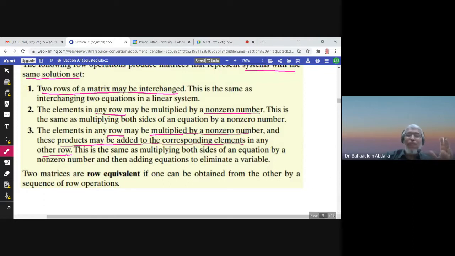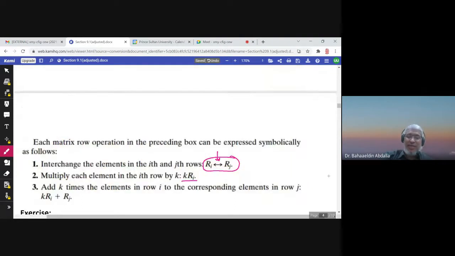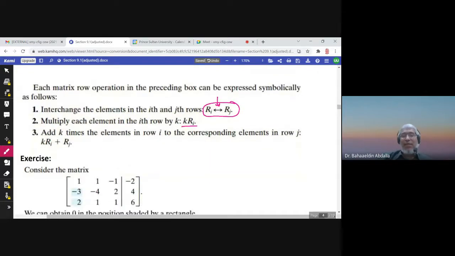Let us understand it. Row i, for example, I multiply the elements of row i by k, so I write kRi, and I add this to row j. So kRi plus Rj. This is the third operation, and I replace the answer by row j.